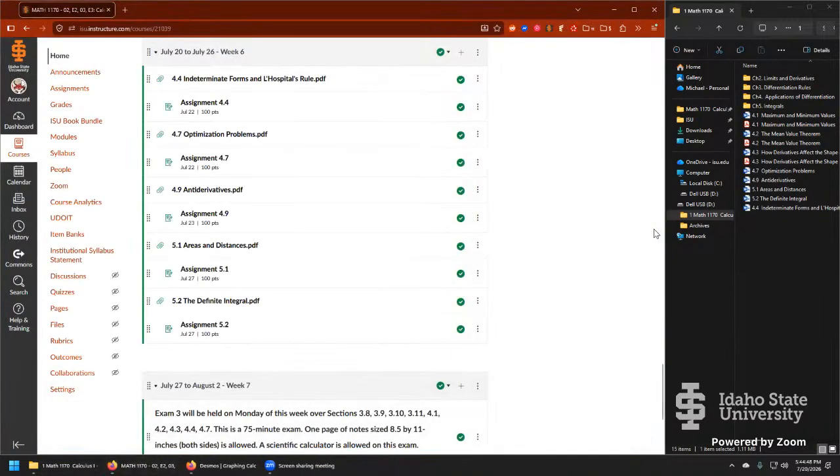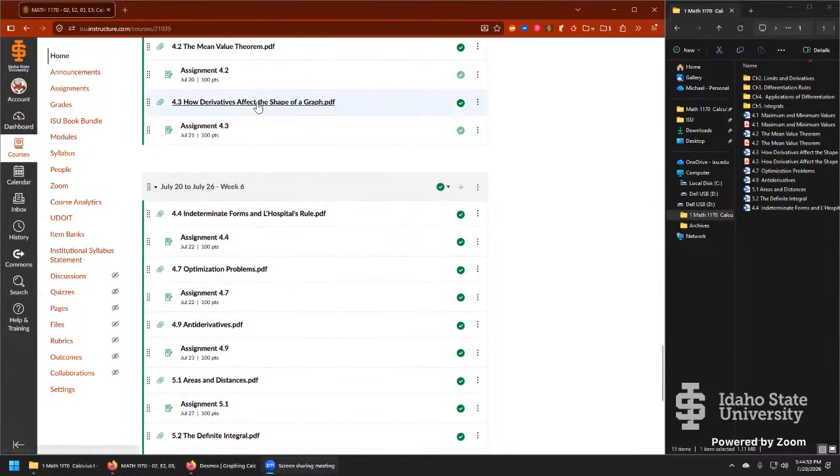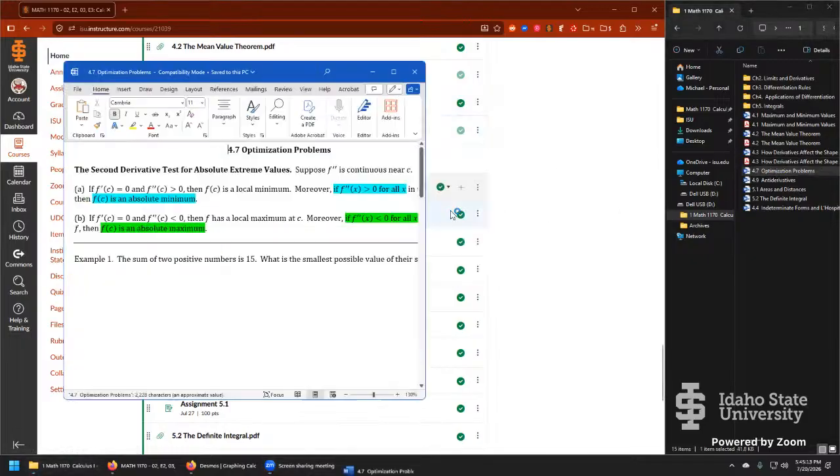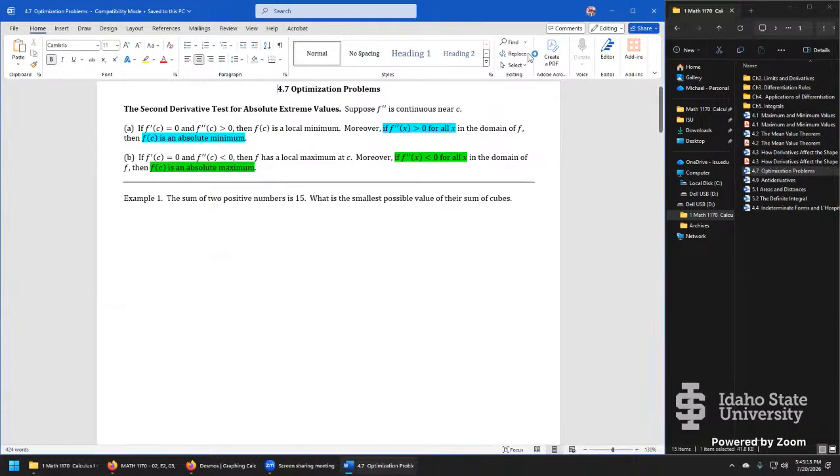For that next section, the major idea is really a decent review of section 4.3, where we're looking into the first derivative test for local minimums and local maximums, and the second derivative test for local minimums and maximums. The only slight change is we have fine tuning on both the first derivative test and the second derivative test so that we can find the absolute maximums and the absolute minimums.